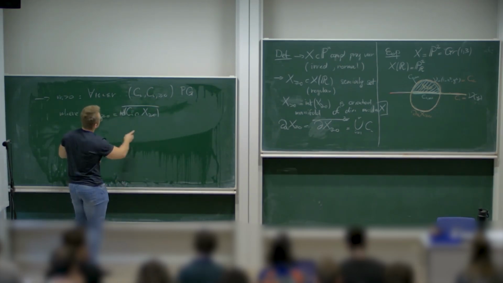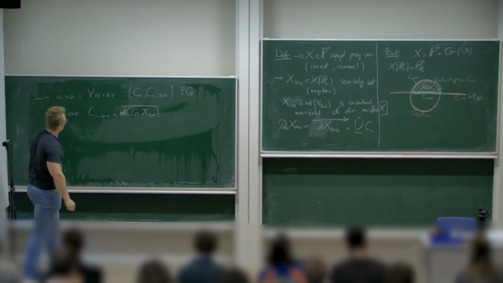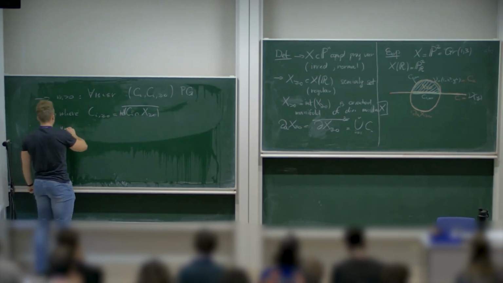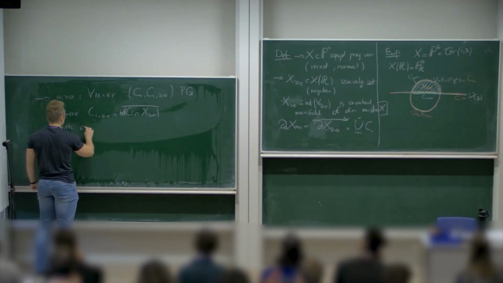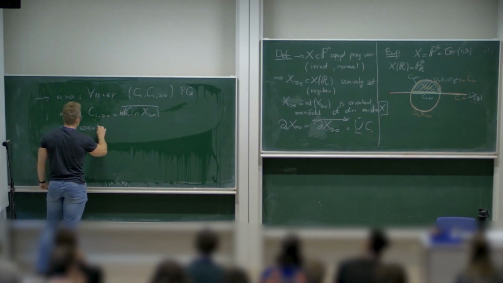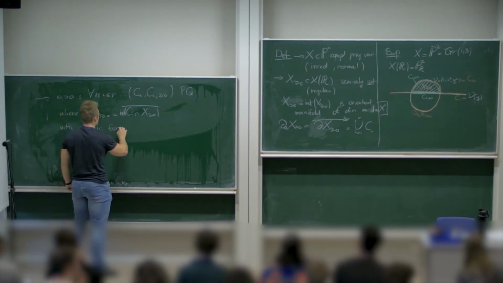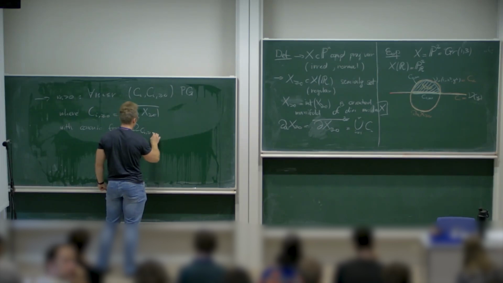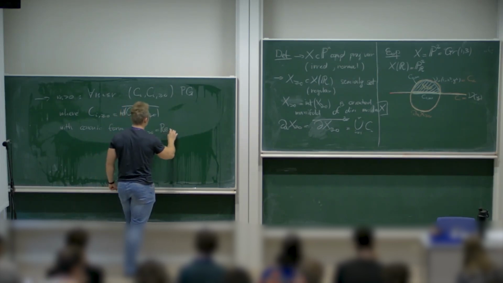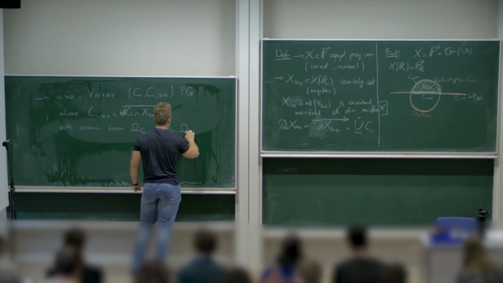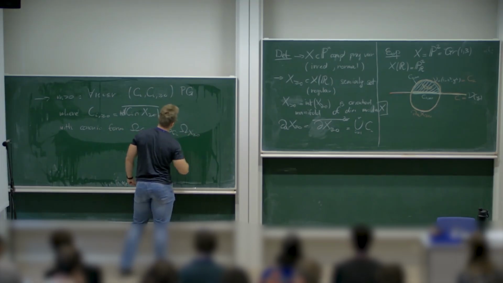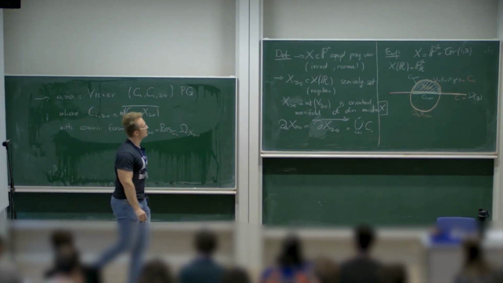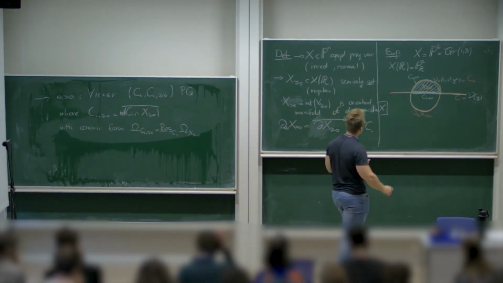And then I want each of these to be again a positive geometry, with canonical form being the residue of the big form on the component.